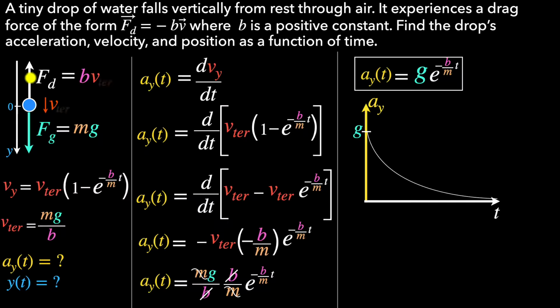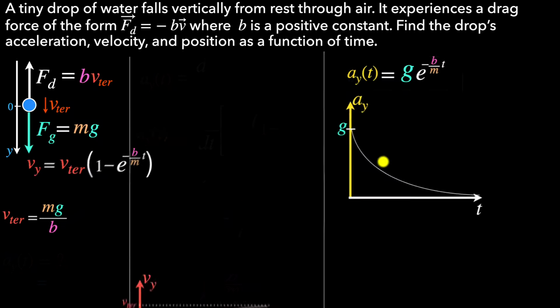When that happens, terminal velocity is reached, and the raindrop will no longer accelerate. It will continue to move with this terminal velocity. And that's exactly what the graph is saying. If you wait long enough, the acceleration goes to 0, terminal velocity is reached, and the object will continue moving at a constant velocity. It all makes sense, doesn't it?